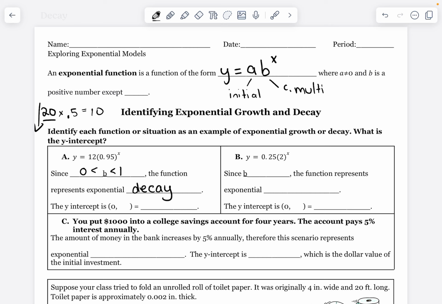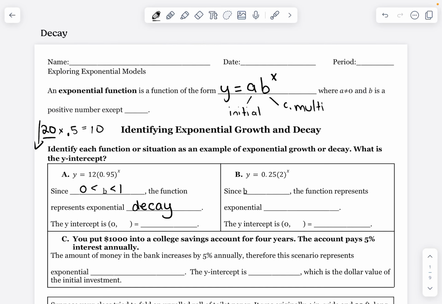However, on the other hand, if you multiply your initial value, in this instance 0.25, by a number that's greater than 1, in this case 2, then your initial value is going to start out there, but it's going to keep increasing. So this would represent exponential growth.